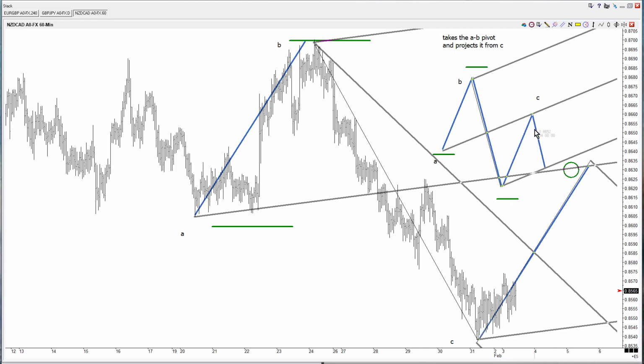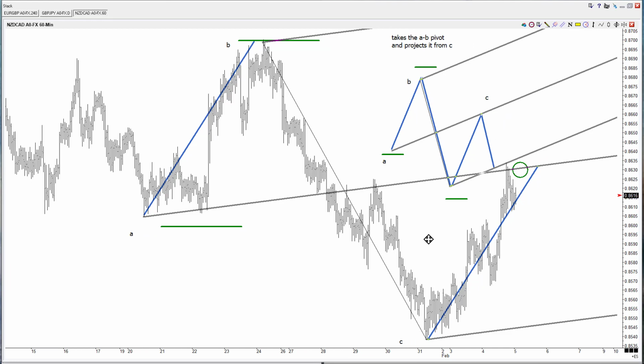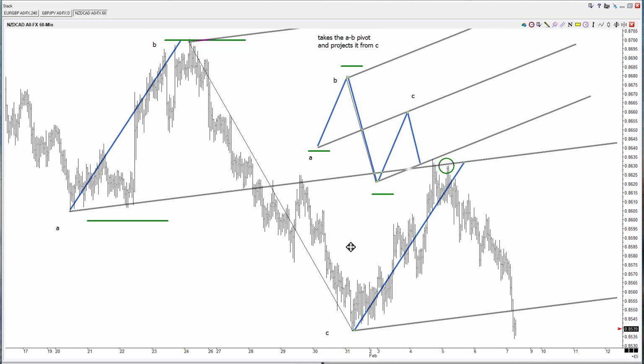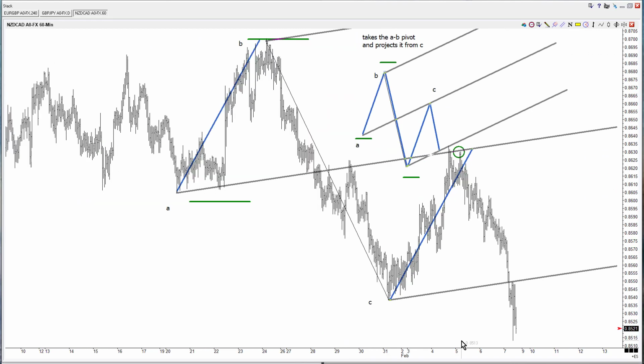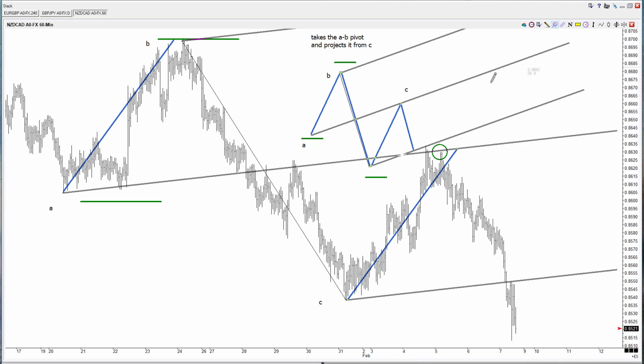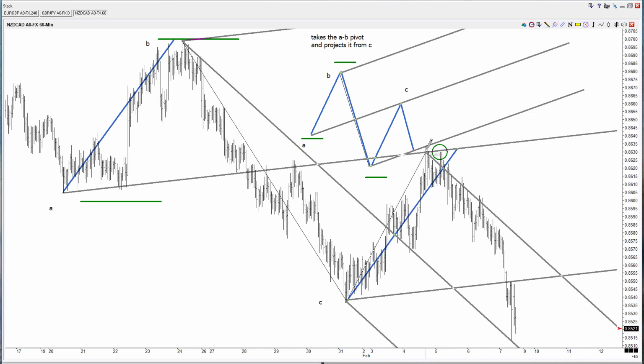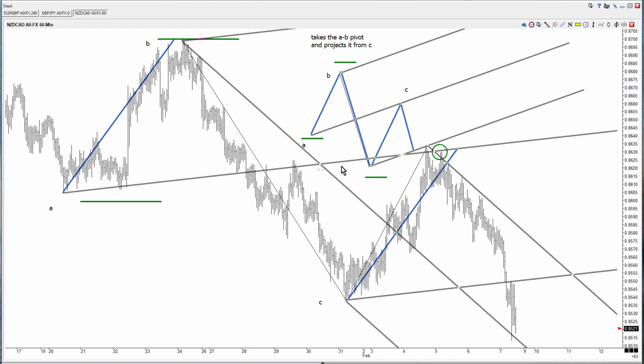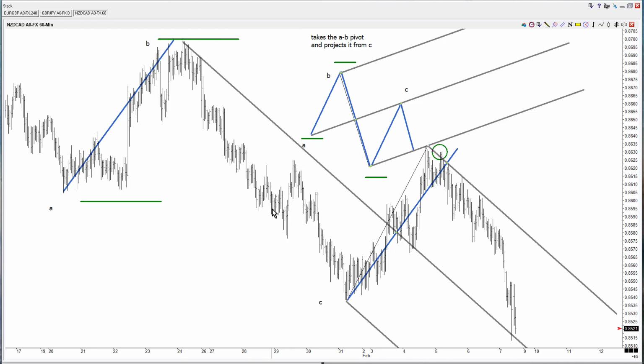And that's going to tell me about where the swing cycle completes, both going up and going down. So then I'll draw swing to swing. I'm not going to carry this one anymore. It's done its job. It projected the rhythm of that swing.